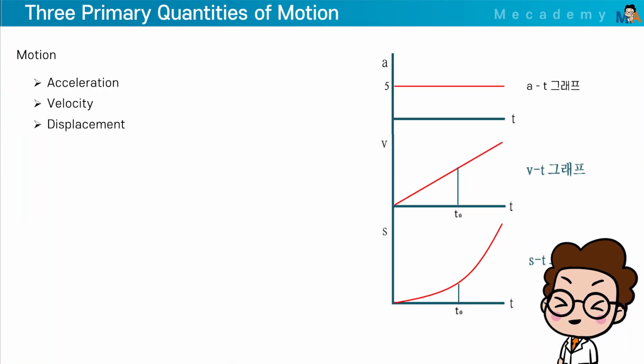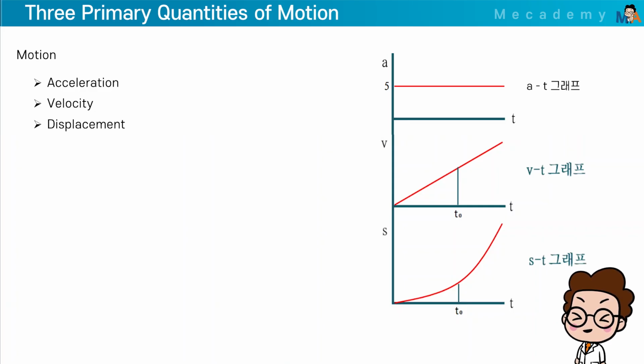Now, the three elements of motion. To understand an object, there are physical quantities desired in physics. When an object moves like this, we say it is in motion. Then there will be acceleration, there will be speed on the graph, and there will be distance like this. Physics doesn't ask, what color is the object?